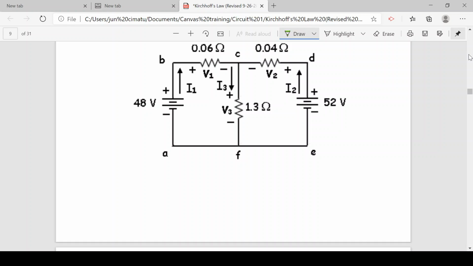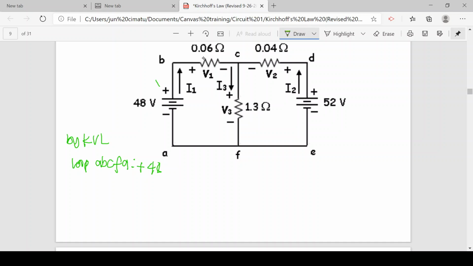And we can now apply Kirchhoff's voltage law, considering a loop, and let us consider loop A, B, C, F, A. So loop A, B, C, F, A. Let's start with A going to B. And the voltage is positive since we leave the positive terminal of the 48-volt source. So it's positive, a voltage rise.